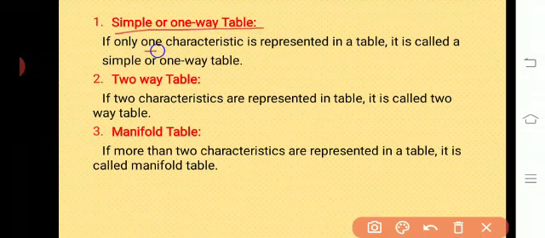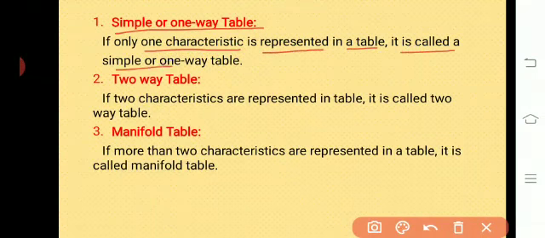If only one characteristic is represented in a table, then it is called a simple or one-way table. For example, if the table consists of information regarding only one characteristic, that is height of the students or weight of the students, etc., then it is a simple or one-way table.